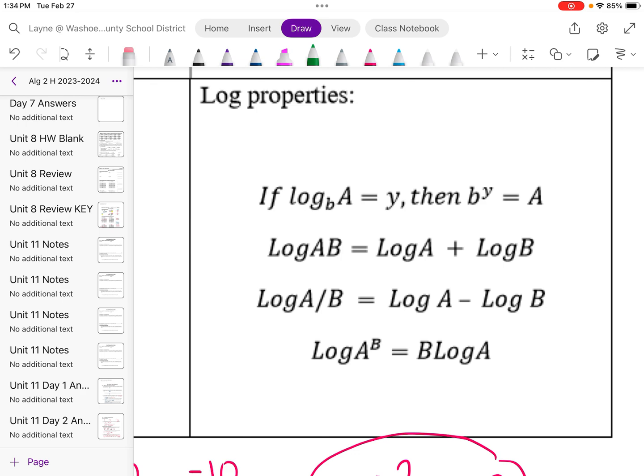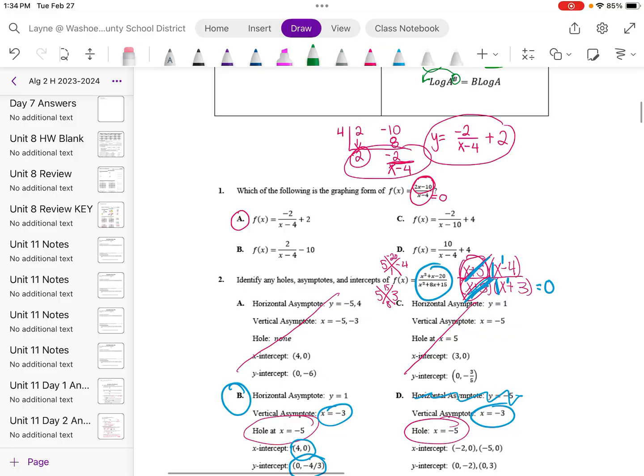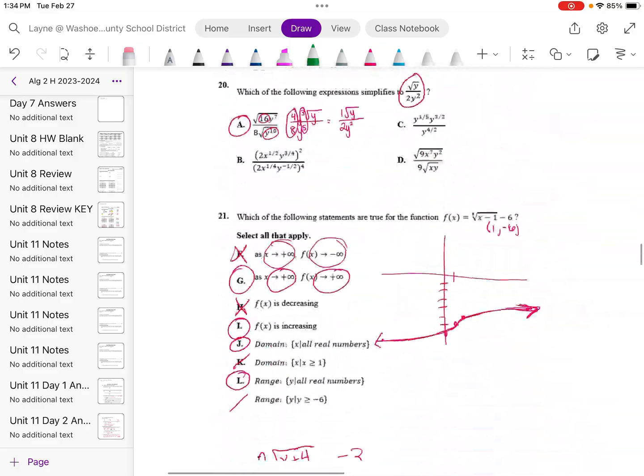So if you want to expand 2 things that have been multiplied, you're going to add them together. If you want to expand 2 things that are being divided, you're going to subtract them. And then this power rule says any power can be moved to the front. All right, so those are the rules we're going to be using for expanding.